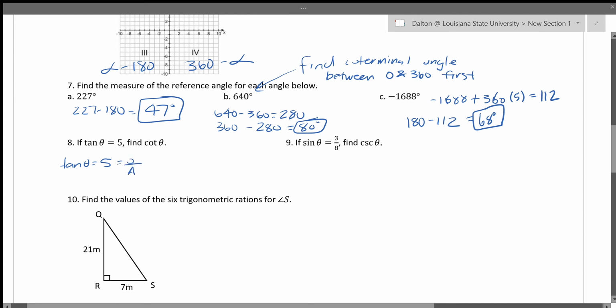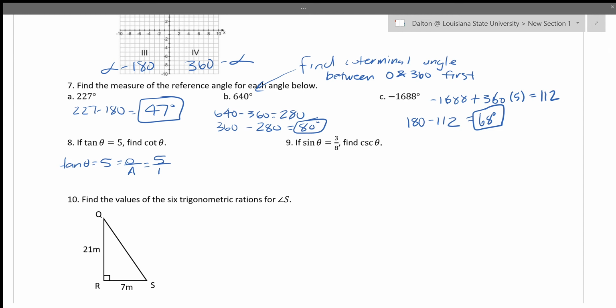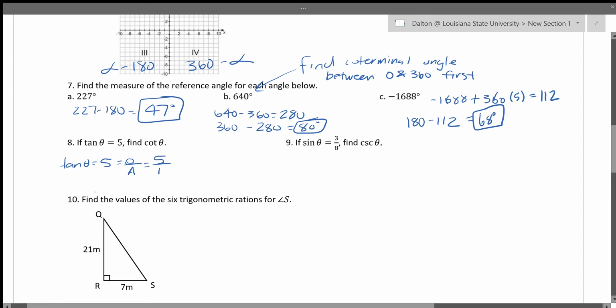Well, if opposite over adjacent has to equal 5, the only way that that's possible in the most simplified form is if opposite is 5 and adjacent is 1, because then 5 over 1 will simplify to get us 5. The next thing to remember is that cotangent is the reciprocal of tangent. So if I just reciprocate, and you could have done this from the get-go, if I just reciprocate 5 or 5 over 1, then the cotangent of theta is simply 1/5.